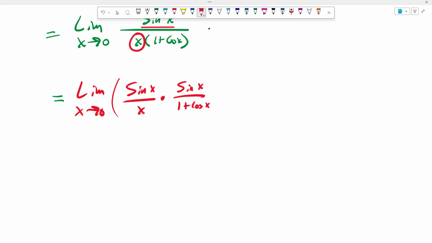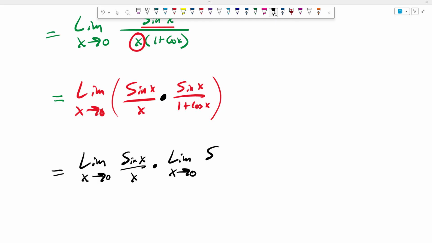And what is the limit of this guy going to be? 1. So the limit of a product is the product of limits. So I'm going to rewrite like this. This limit is equal to 1.